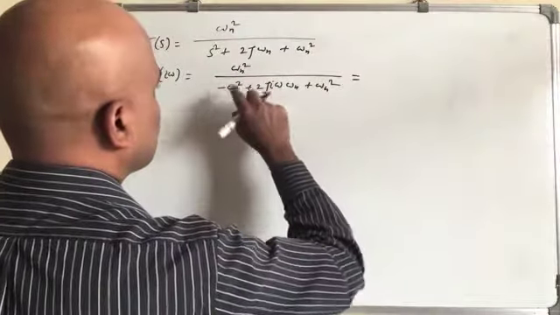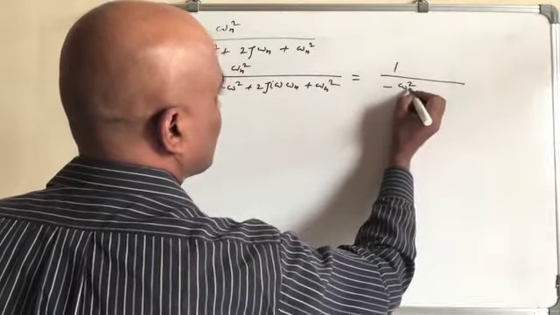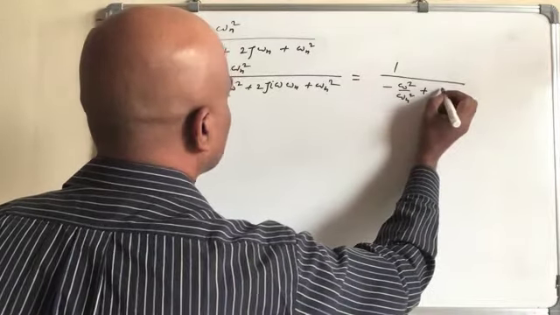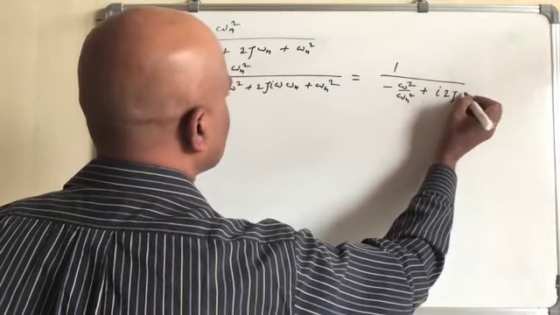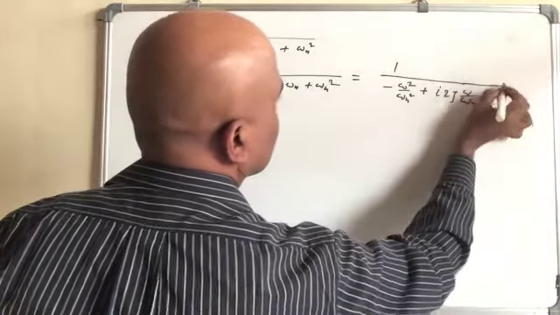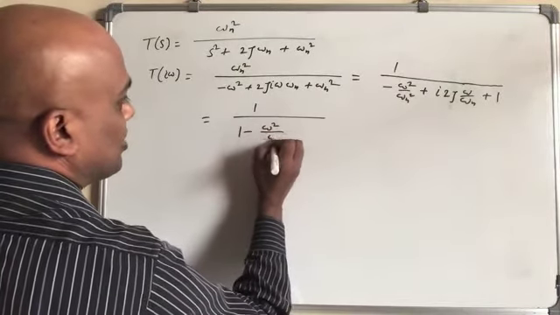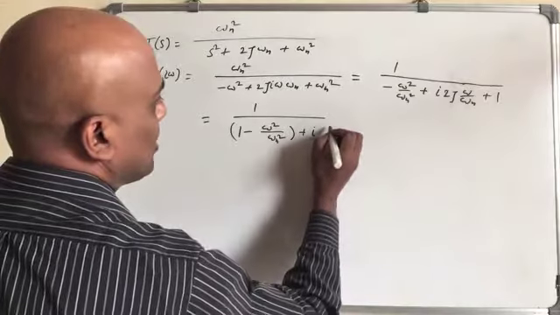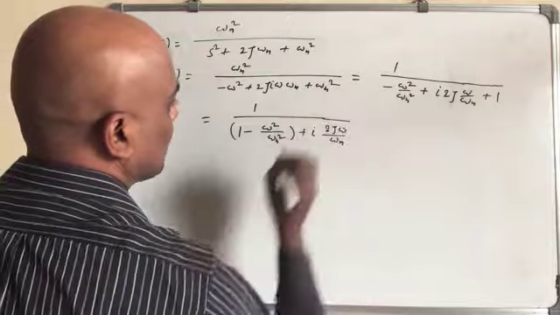This we can write, bringing it down, as 1 over minus omega square over omega n square plus i 2 zeta omega over omega n plus 1. Or it will be equal to 1 over 1 minus omega square over omega n square plus i 2 zeta omega over omega n. This is what you have simply.